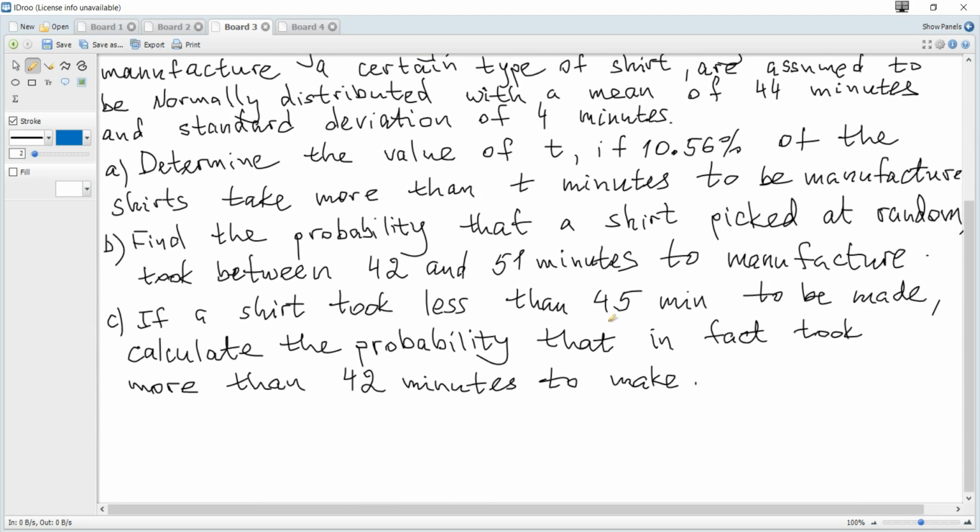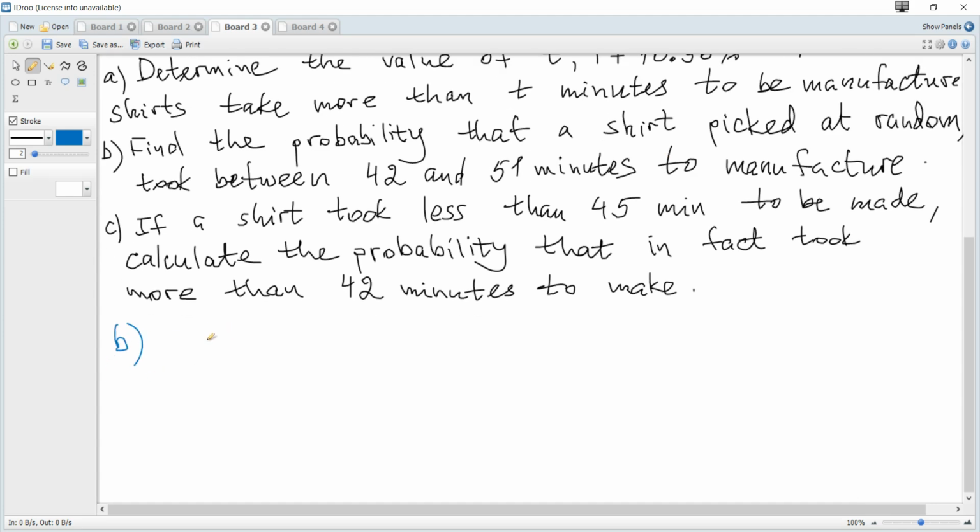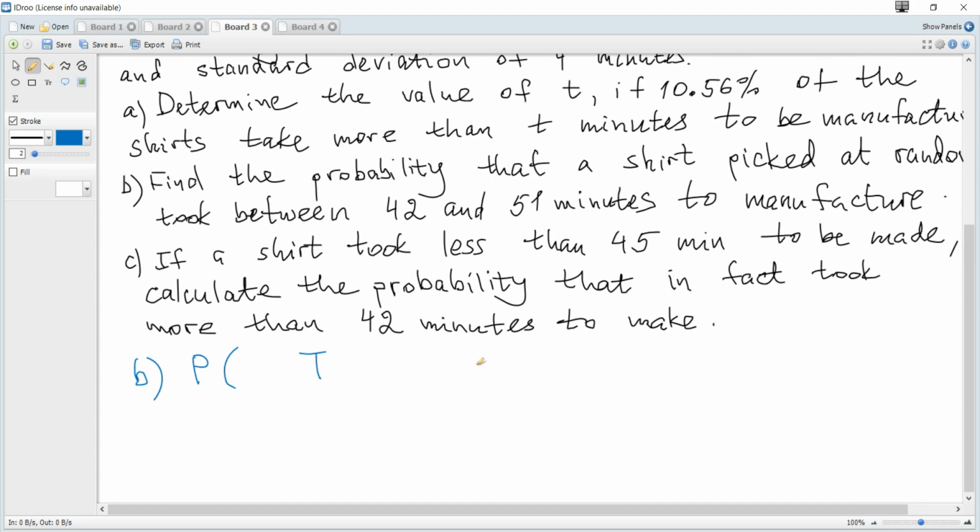The next, find the probability that a shirt picked at random took between 42 and 51 minutes to manufacture. So we need just the probability that the value of t is greater than 42 and less than 51. Included, excluded, it doesn't matter, because for a normal distribution the probability at a point is 0.